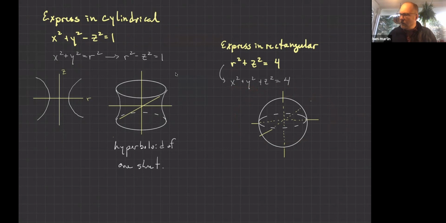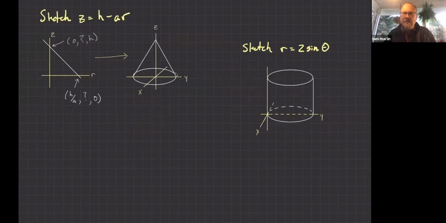So, all right. Then a couple of quick sketching sort of problems here. If I ask you to sketch z equals h minus a r, again, this is a problem that doesn't have any thetas showing up in it.